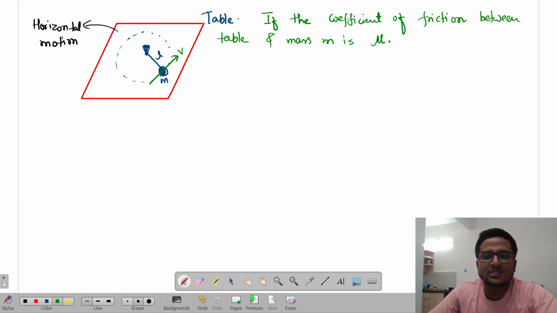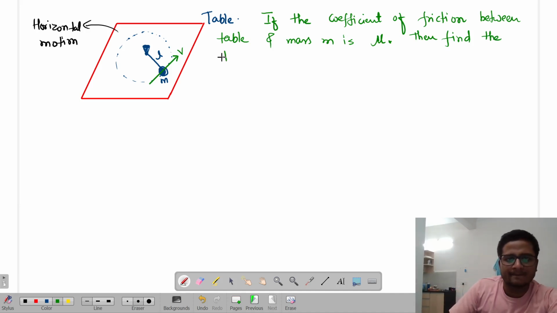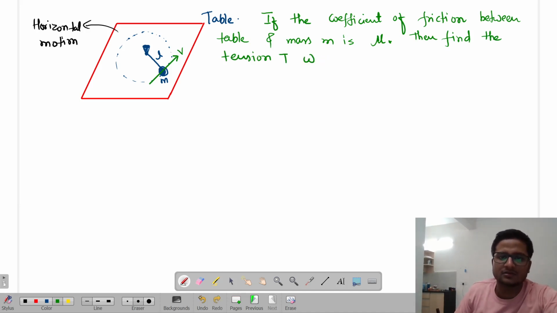The coefficient of friction between the table and mass m is how much? Mu. Then find the tension T with respect to or after time t.